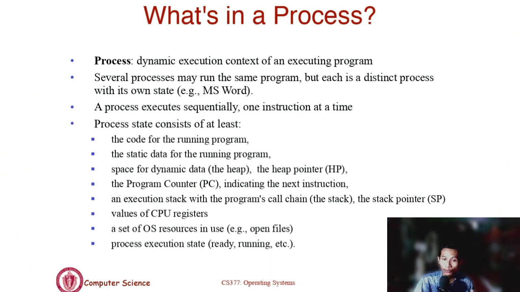The first is the code for the running program, static data associated with the program, a pointer to space for dynamic data, the program counter indicating the next instruction to be executed, and the stack pointer for an execution stack that maintains the program call chain, and values of CPU registers storing important execution context, and a set of OS resources such as open files or allocated memory, the resources used by this process, and the process execution state, for example ready, running, waiting, and so on.